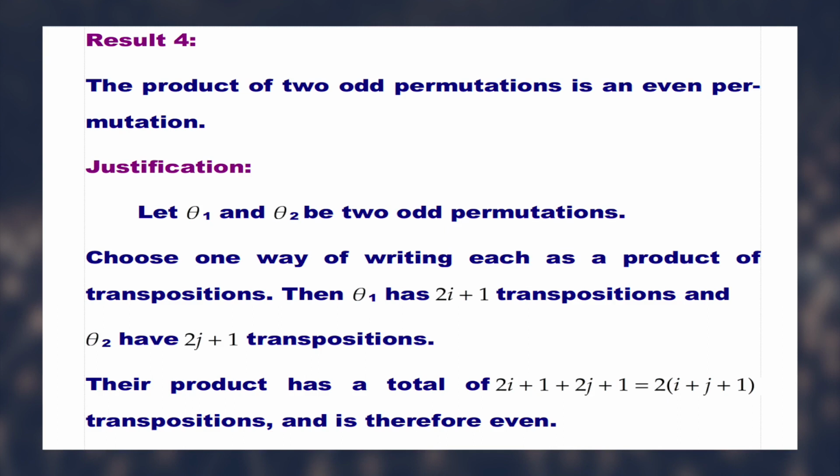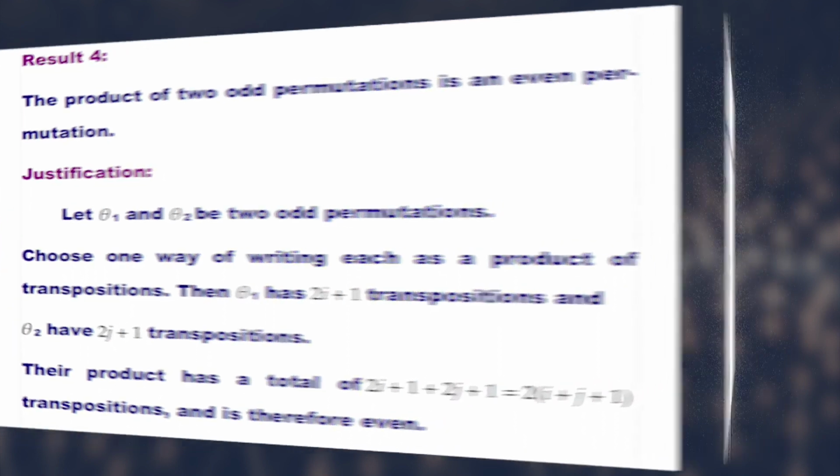Then, theta 1 has 2i plus 1 transpositions and theta 2 has 2j plus 1 transpositions. Their product has a total of 2i plus 1 plus 2j plus 1. Here 1 plus 1 is equal to 2. So, taking the common factor 2 outside, we get 2 times (i plus j plus 1) transpositions, and is therefore even.